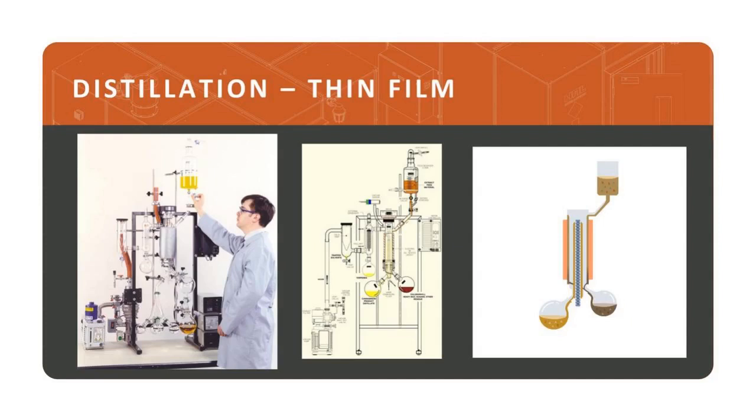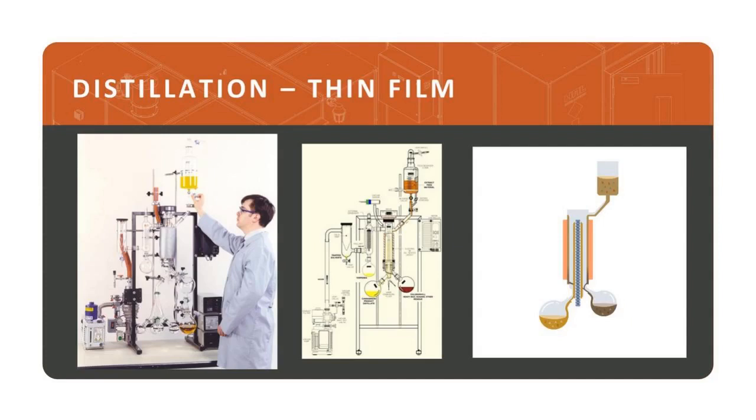In a thin film or wiped film system, that actually starts above where the distillation is happening, and then the crude oil will drip down into the wiped film column. I really want everyone to pay attention to the image on the right here, which shows that crude oil dripping down.